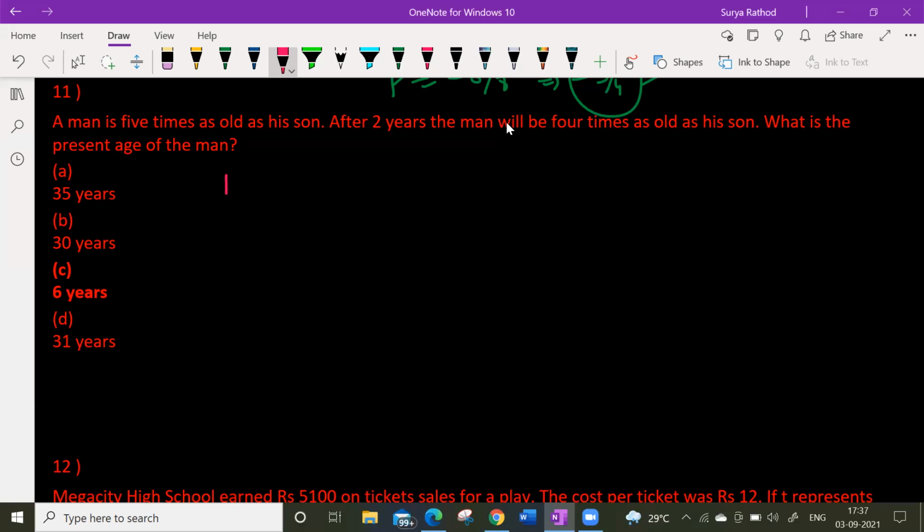Let us say that the present age of son is x, and the man's age is 5 times the age of his son.